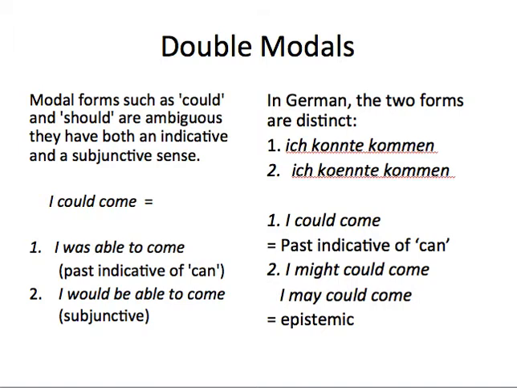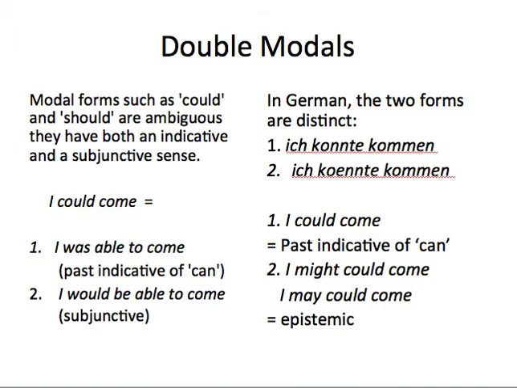And what we have in English is these two particular forms, as we've said before, modality and tense, housed in the same particular word. So if you think of could and should, they're really ambiguous. They have both what we can call an indicative or tense meaning, and they have a subjunctive sense or modal sense.